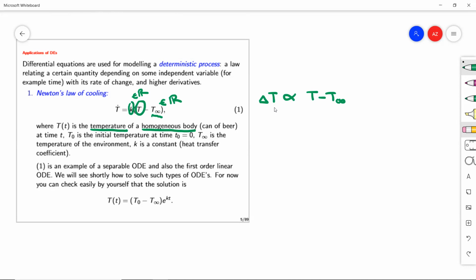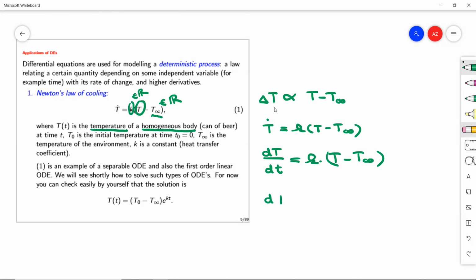And you can see that this Newton's law of cooling, the differential equation, is a separable one. So we have dT over dt is k times this difference. And we can put capital T's on one side and small t's on the other, and integrate both sides.